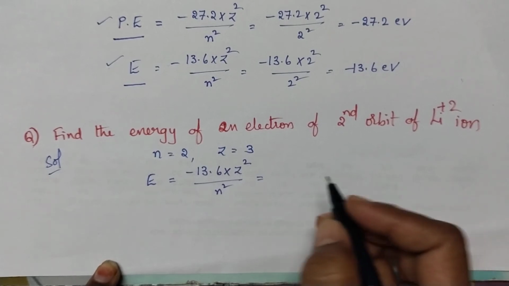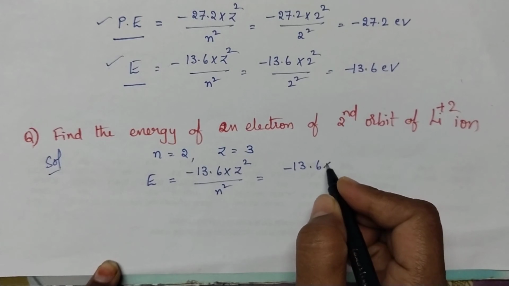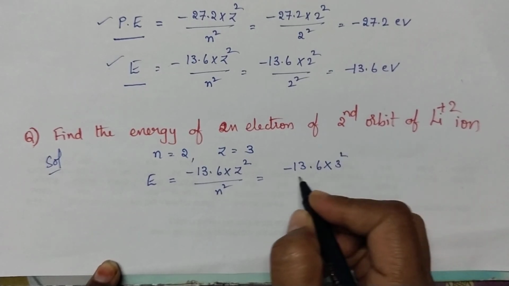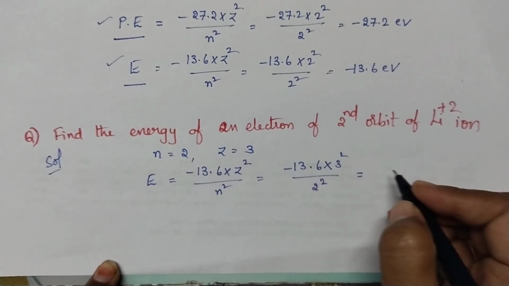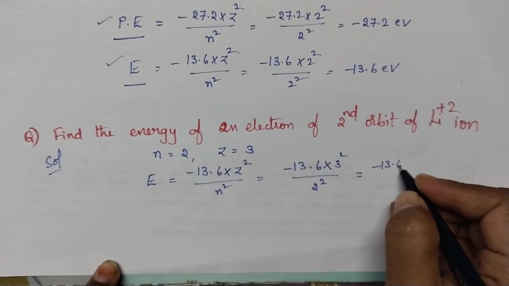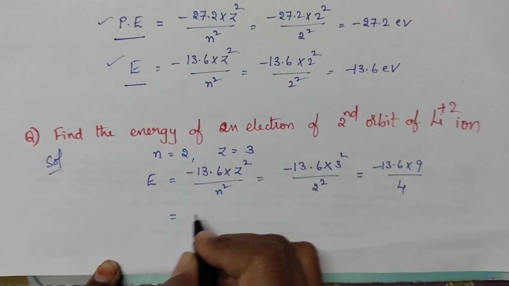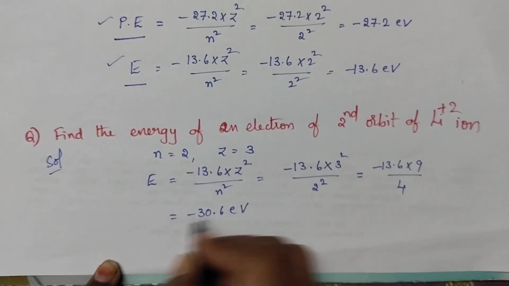That is equal to minus 13.6 into 3 square by 2 square. That is equal to minus 13.6 into 9 by 4, and finally it is equal to minus 30.6 electron volts.